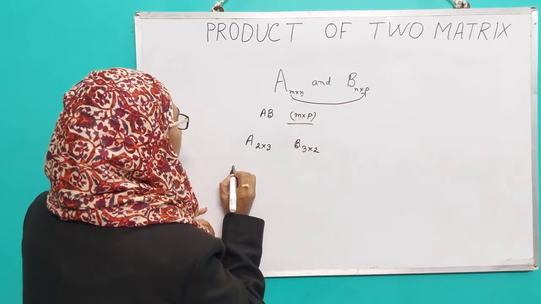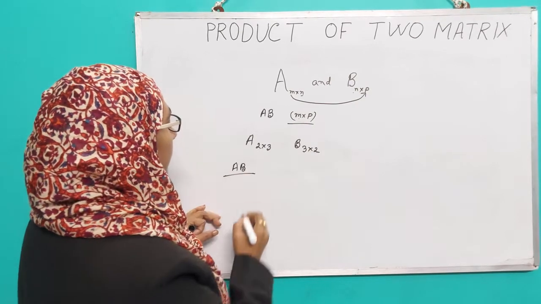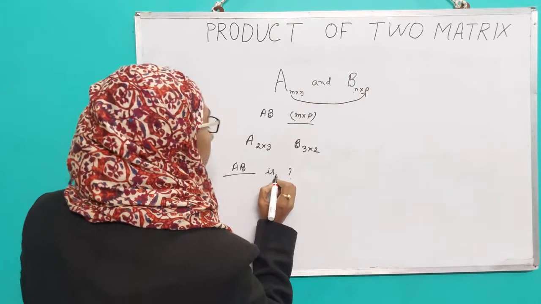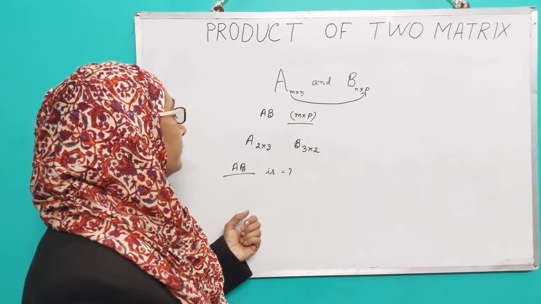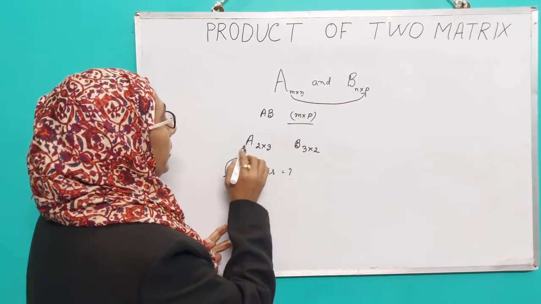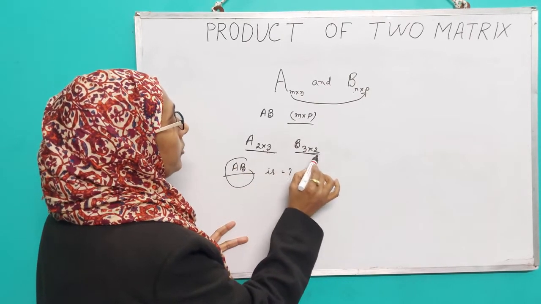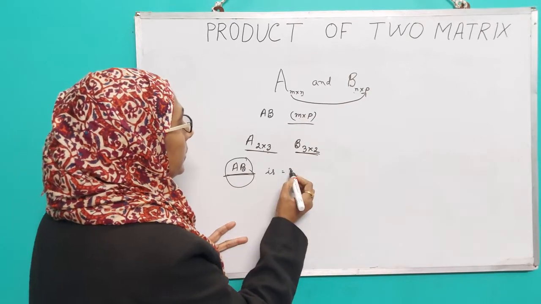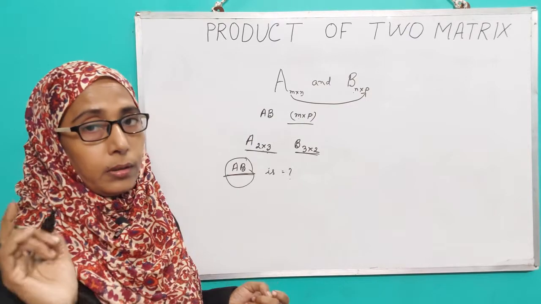Then the order of the product AB is what? Tell me the answer and write it in the comment box. If the matrix A is of order 2 by 3 and B is of order 3 by 2, then the order of AB is? Write the answer in the comment box.